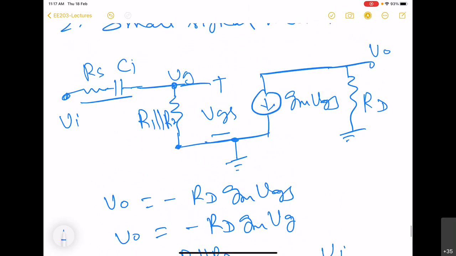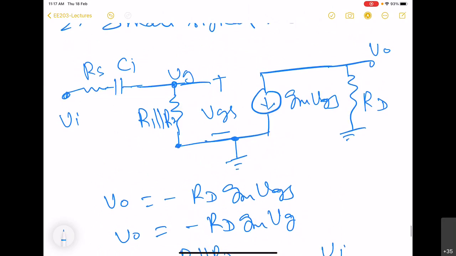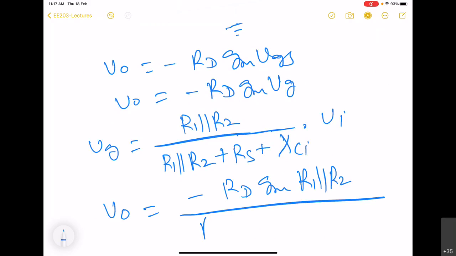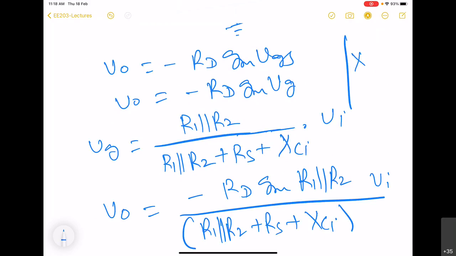So we have three impedances here in the path, RS, CI and R parallel, right? So we can then write VO as minus RD GM R1 parallel R2 divided by R1 parallel R2 plus RS plus XCI, into VI, where XCI is 1 by j omega Ci, or in the form of s it can also be represented like this.